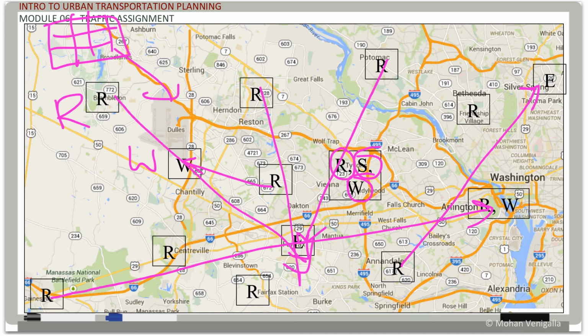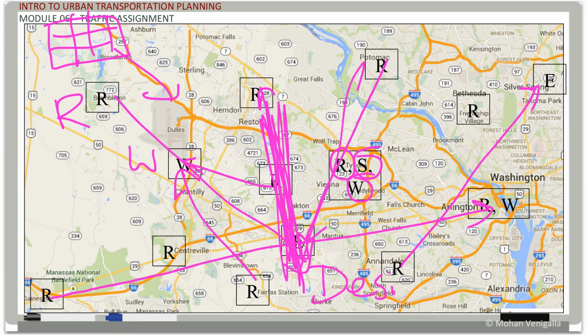So let's give another, okay, this one here. You can see each arrow as a desire line. If you represent it by a thickness representing a certain number of trips, these are called desire lines.